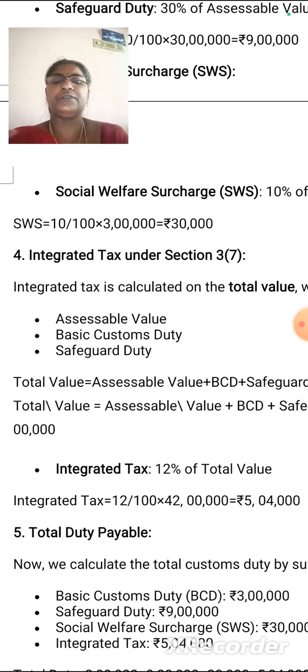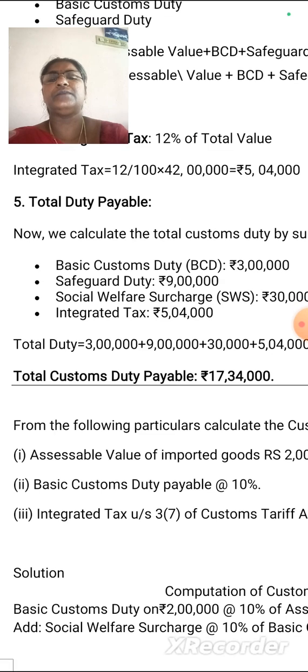From this 42 lakh, we are going to calculate the integrated tax at 12 percent. So 42 lakh is the amount, and the answer is 5 lakh 4,000. And what is the total duty payable here?